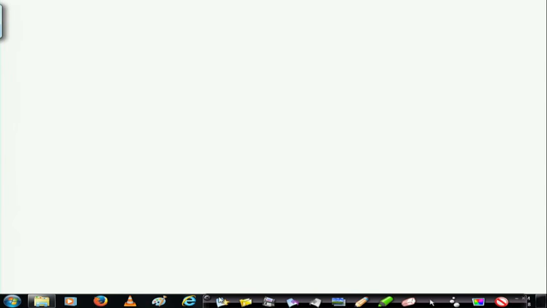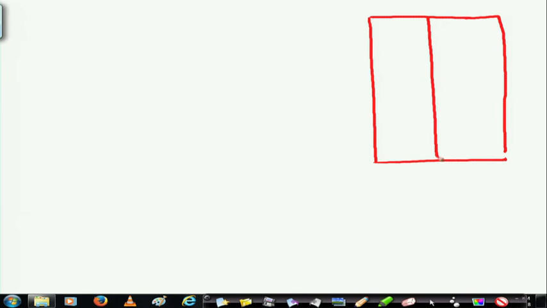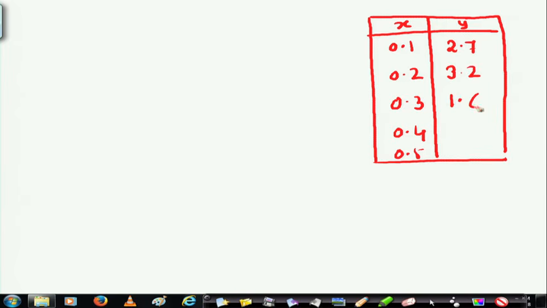Now, the simplest possible way of interpolating. Here I had shown a curve. Usually you can also start with a table like this, where some x values are given, say 0.1, 0.2, 0.3, 0.4, 0.5, and for each of them you have got some y value: 2.7, 3.2, 1.6, coming down again, say 0.6, and again it goes up, say 3.2.